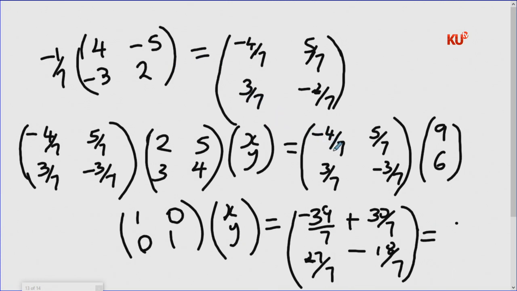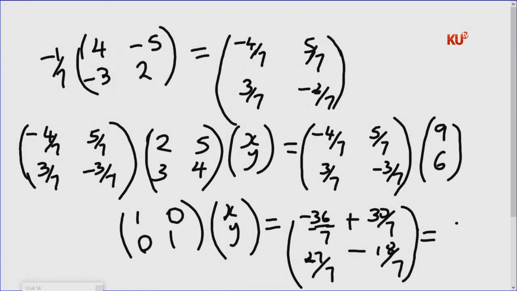Negative 4 over 7 times 9 is negative 36 over 7, plus 30 over 7. And so if we work out that, will give us negative 6 over 7.